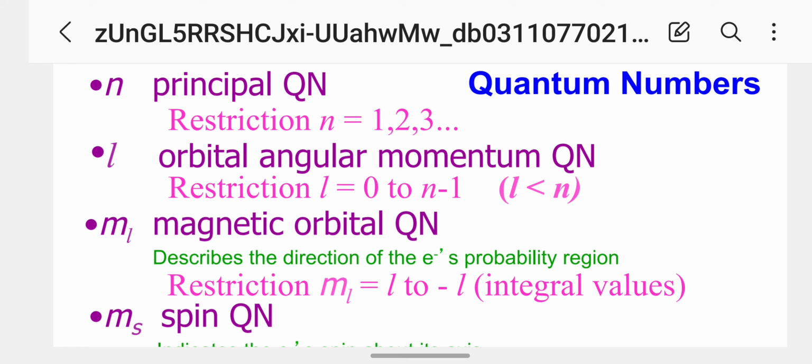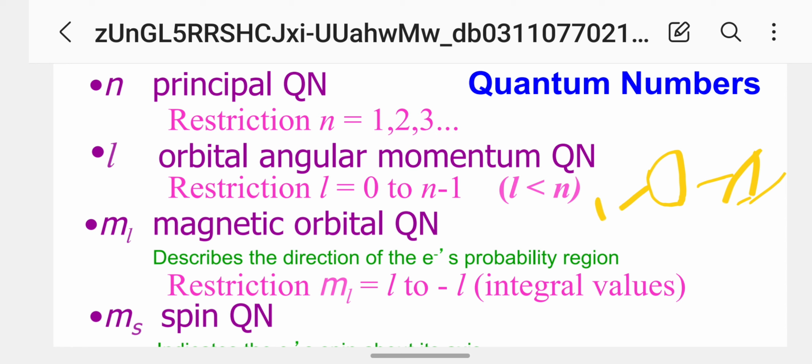And the other one is the orbital angular quantum number. In case of the orbital angular quantum number, we have the restriction that L will start from 0. According to the definition, L equals n minus 1. L will start from 0, then go towards 1, and so on up to n minus 1.